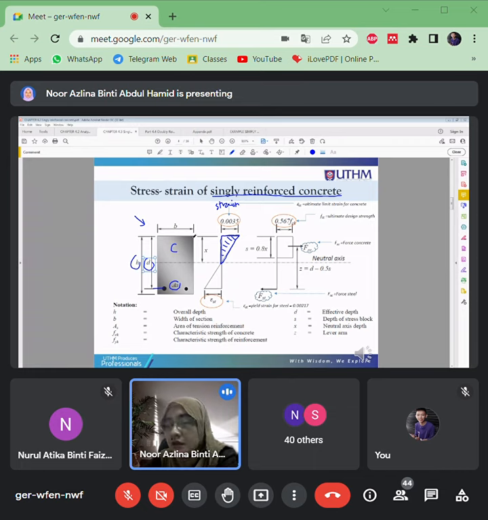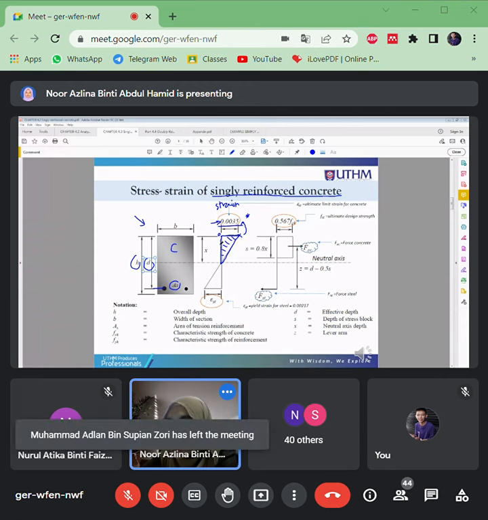Okay, for the compression region here, the ultimate strain of the concrete is 0.0035. You need to remember all these strain values. Okay, that means this starts from 0 and then kat sini lah dia punya maximum, which is 0.0035.